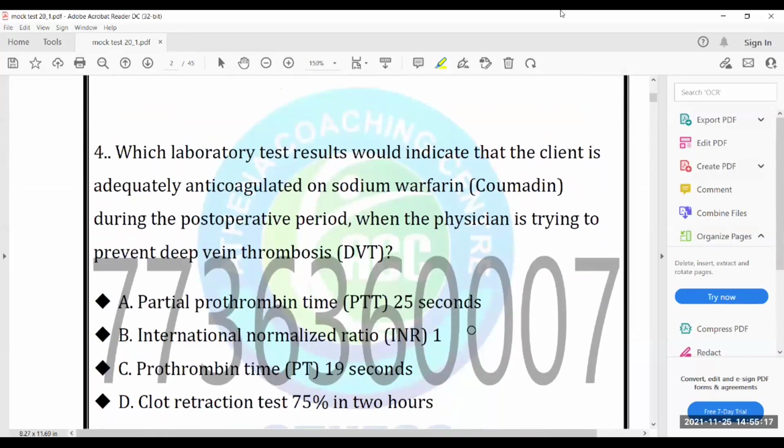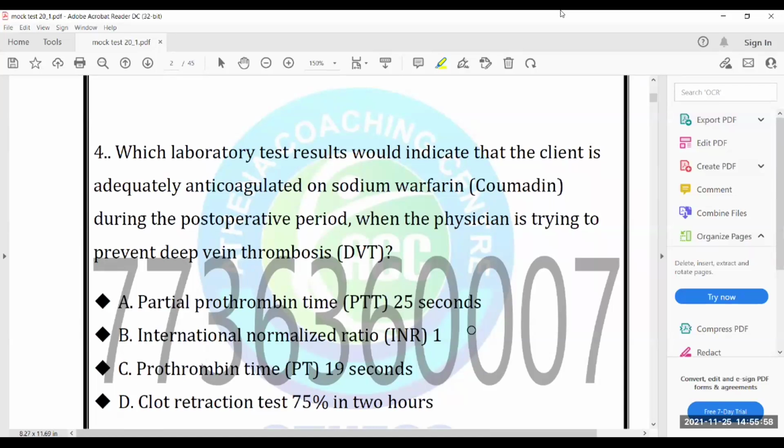Which laboratory test results would indicate that the client is adequately anticoagulated on sodium warfarin during the post-operative period, when the physician is trying to prevent DVT? That is an evaluation test.